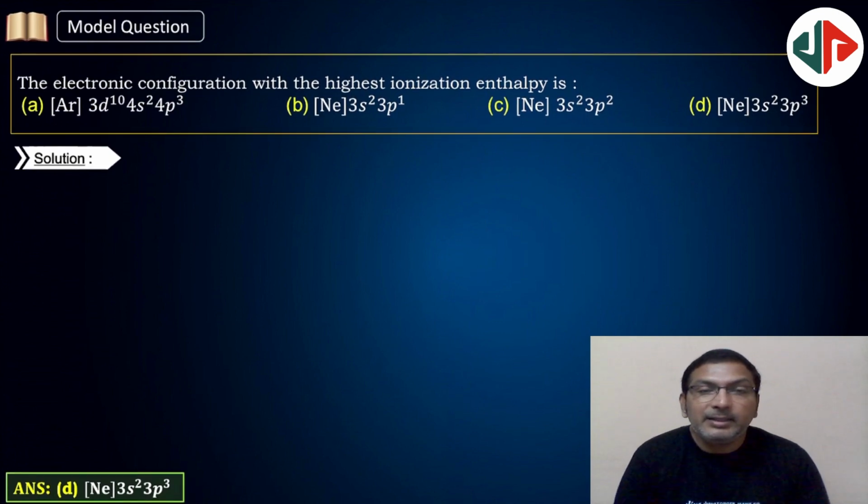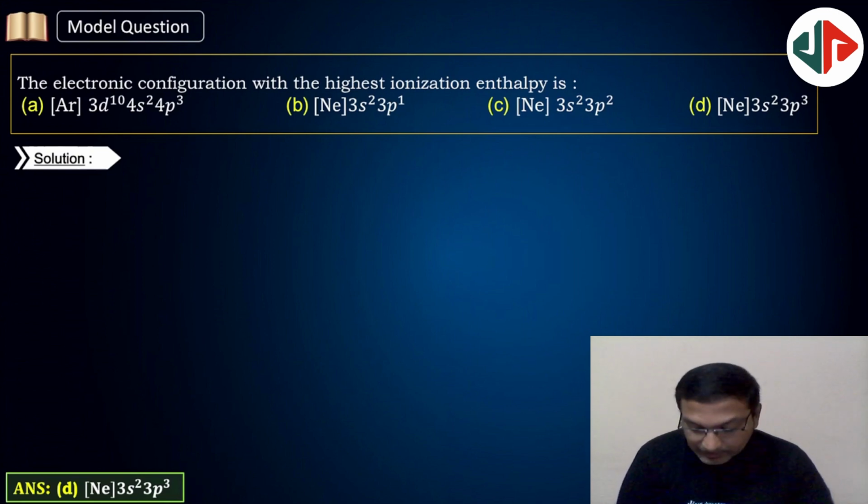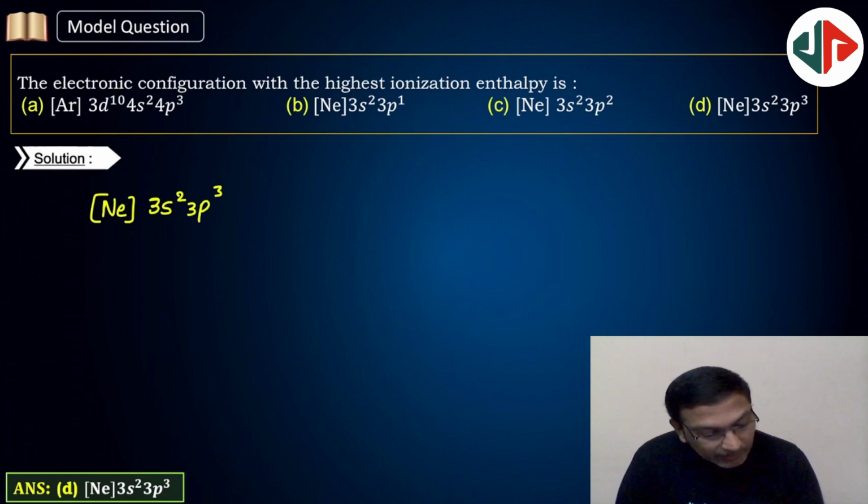The electron configuration with the highest ionization energy is. Here 4 elements are given. Take Ne 3s2 3p3. 3s2 is completely filled and 3p3 is half filled.